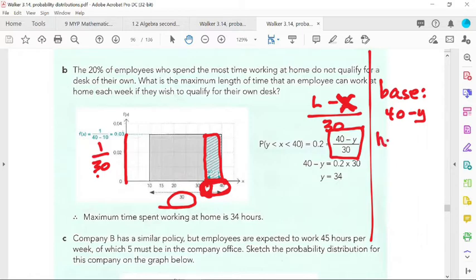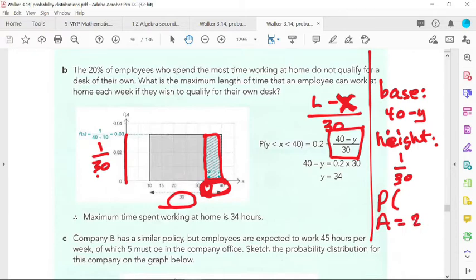Our height is 1 over 30. That didn't change. And we know that the probability, or our area, is 20%.